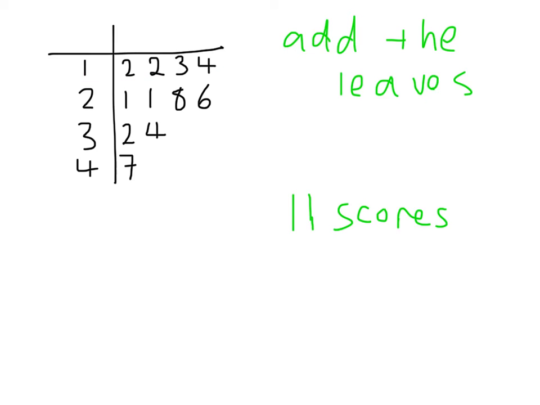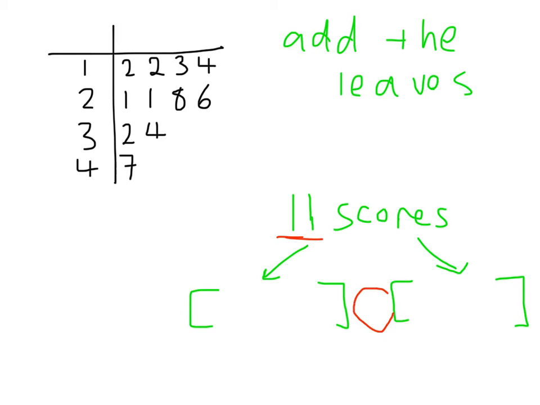Now, the same principle applies. I still need to split this up so that I have a lower set and an upper set. And because now I have an odd data set, I actually do get that one that's smack bang in the middle. That median, that's that score right in the middle. And if one of those scores is in the middle, that means I have 10 left over.